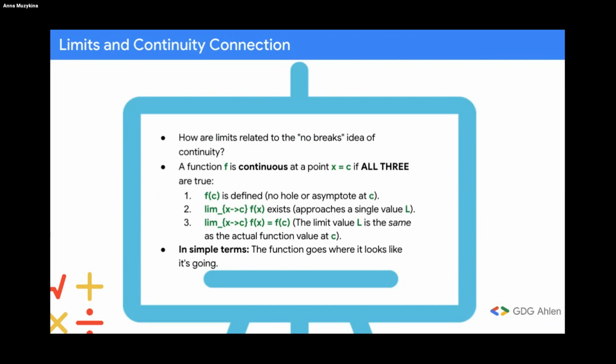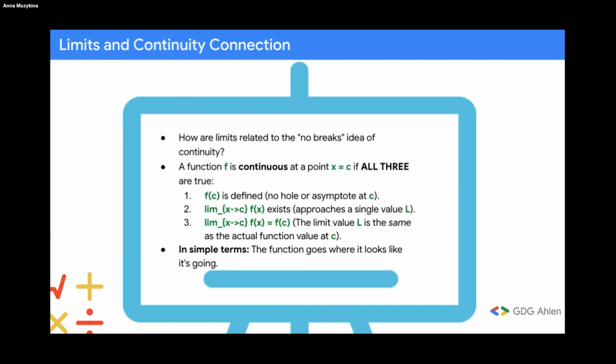So, the limit of f of x as x approaches c must exist. This rules out functions with jumps at x equals c, because the function approaches different values from the left and right.